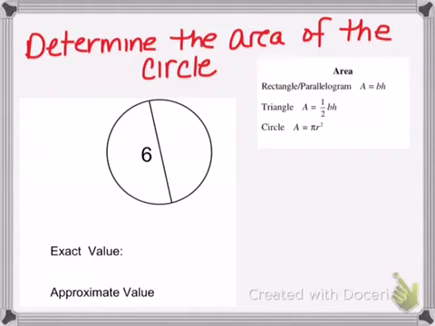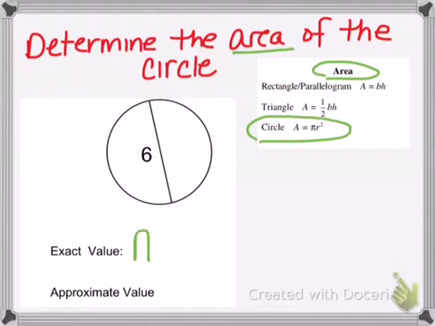Again, I want to determine the area of the circle, so make sure you use the area formula of your formula sheet. So it tells me area is equal to pi times the radius squared. In this case, I don't know the radius. I know that the whole diameter is 6, and I know the radius is half of that, so my radius would have to be 3, because half of 6 is 3.